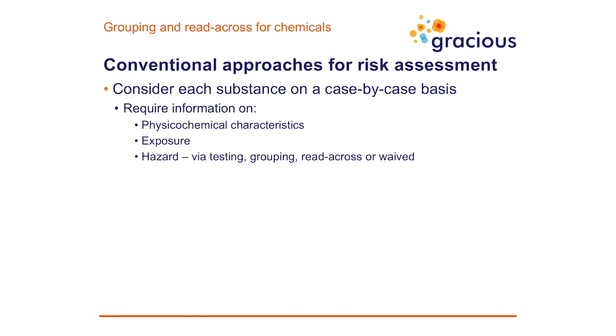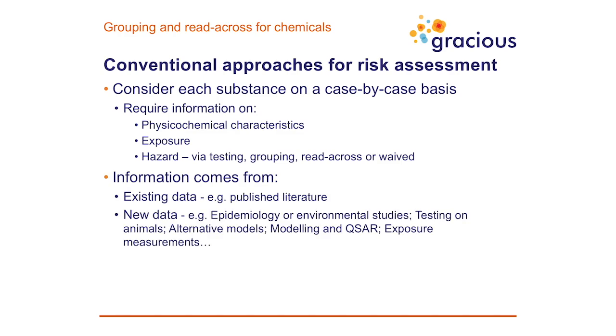The hazard information can be gathered via testing, but can also be gathered via grouping and read across approaches, or in some instances it can be waived. The information for this case-by-case assessment can come from existing data, for example, the published literature, or it could be new data that's derived from a variety of testing and alternative sources.